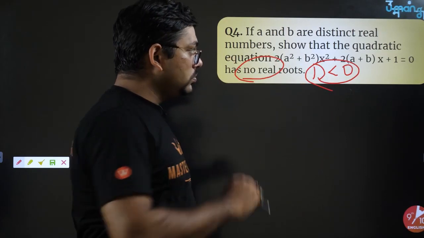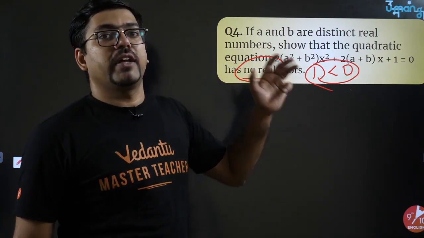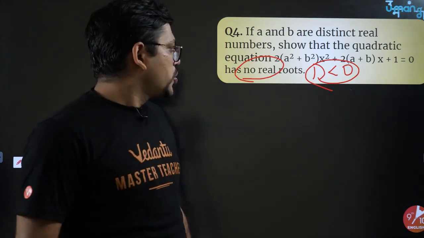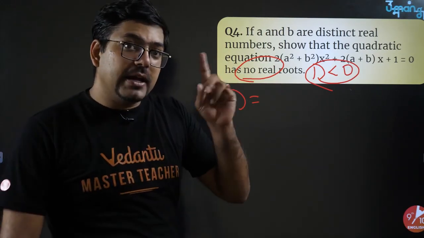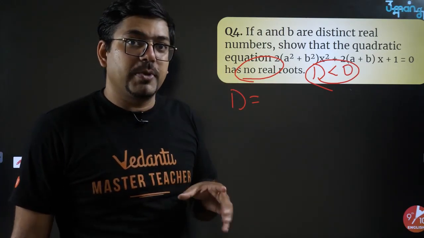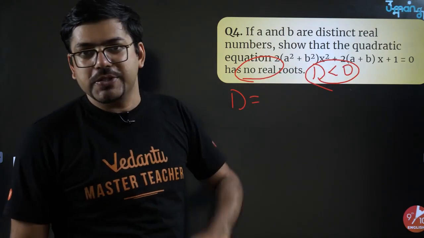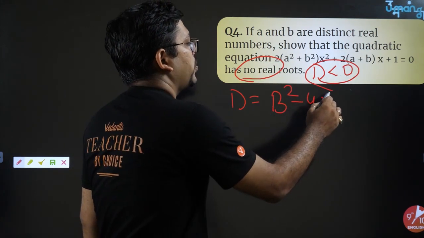Although here the numbers are not there. You have to do everything in the variable. That's the hack. That's the catch. So d is equals to b square minus 4ac. But here I will be a little more cautious because I will not write b square minus 4ac, because a, b, c is already used here. So rather I should use capital B square minus 4AC.